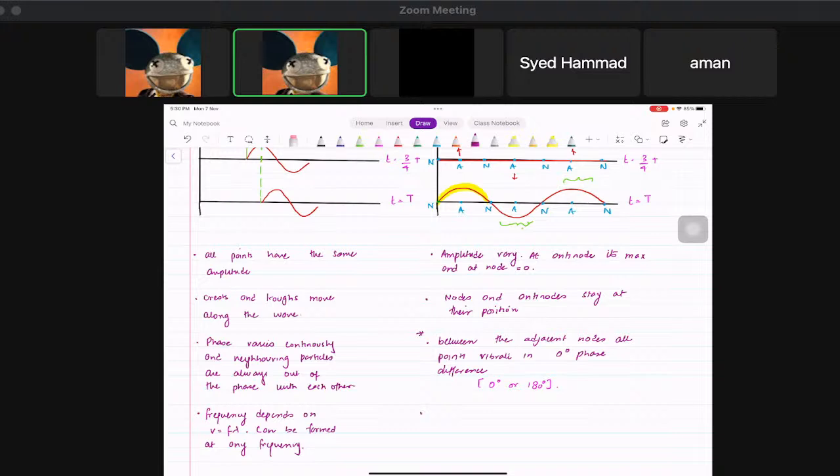And then only at very specific frequencies, stationary waves can be formed.